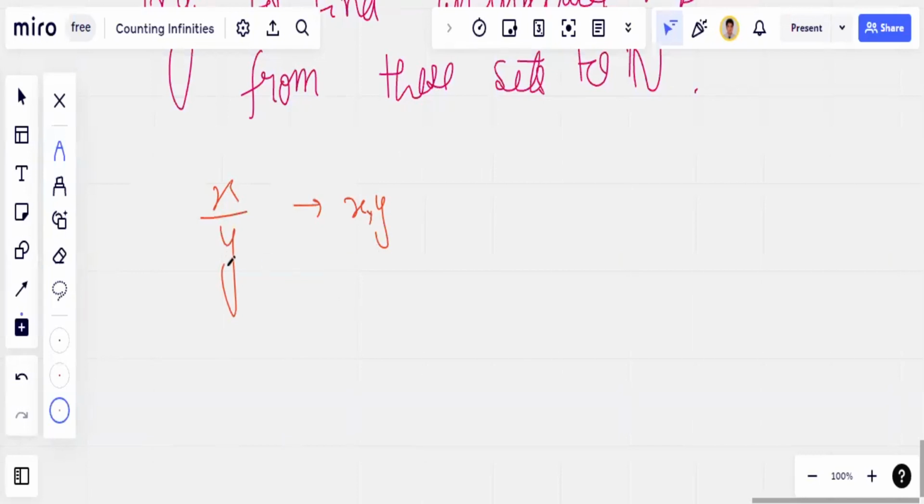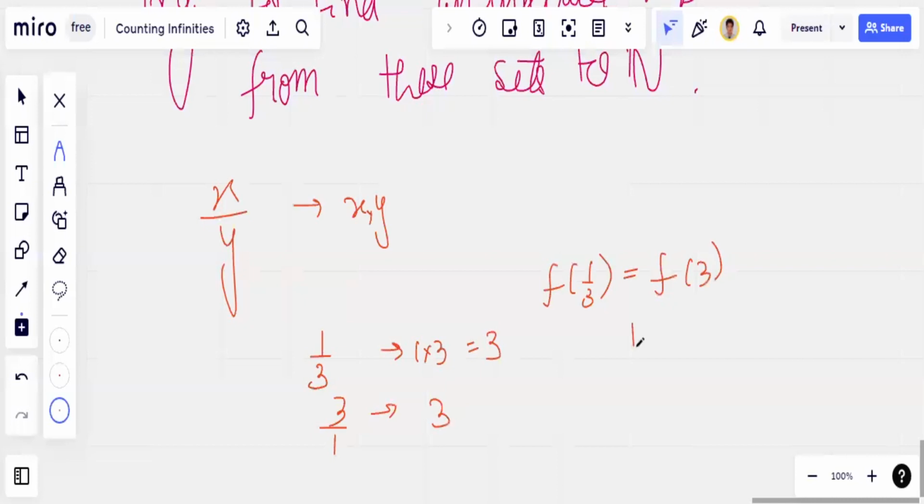Oh, this doesn't work because we need an injective map, right? So you're saying that you map 1 by 3 to 1 cross 3, which is 3, and 3 by 1 also to 3. This is not injective, right? Because f of 1 by 3 is equal to f of 3 by 1, but 1 by 3 is not equal to 3.